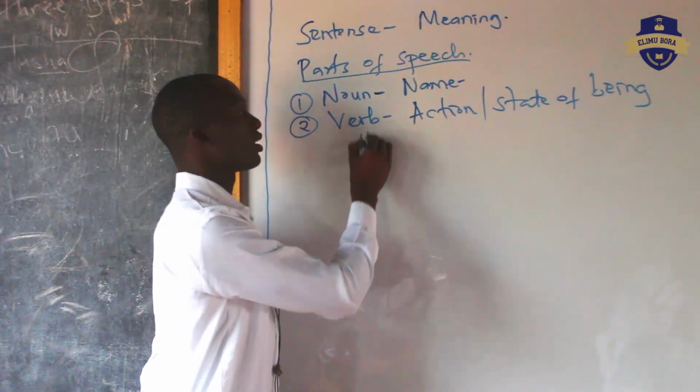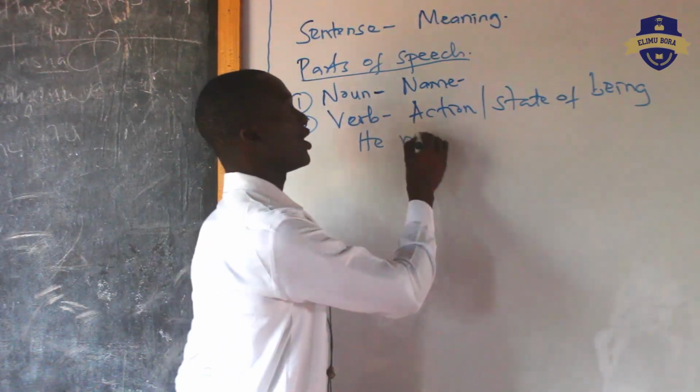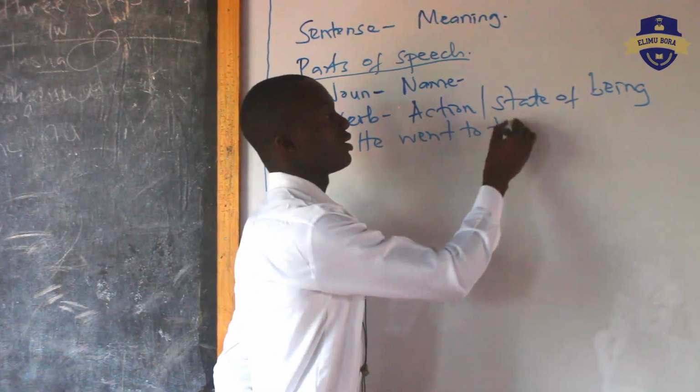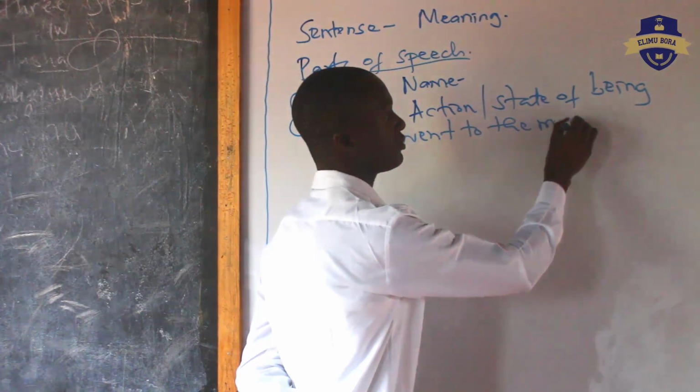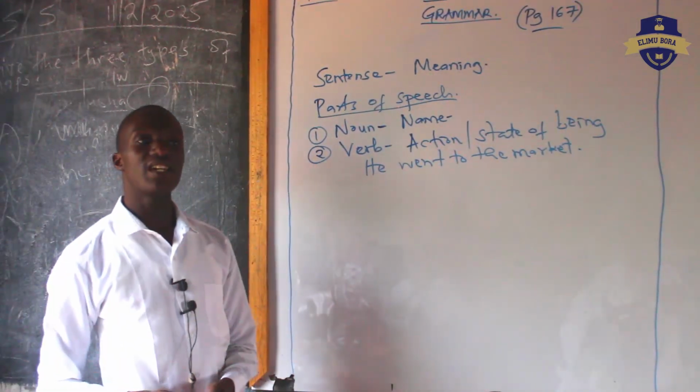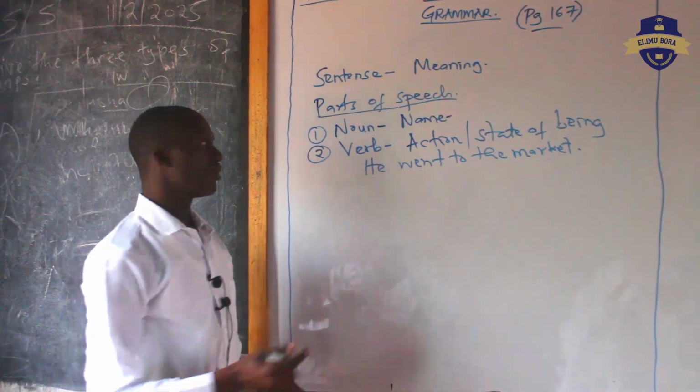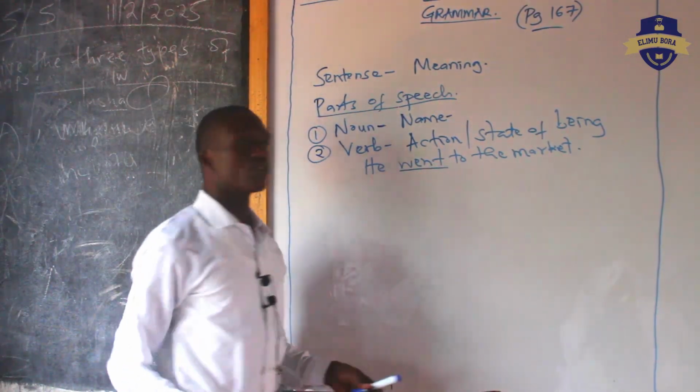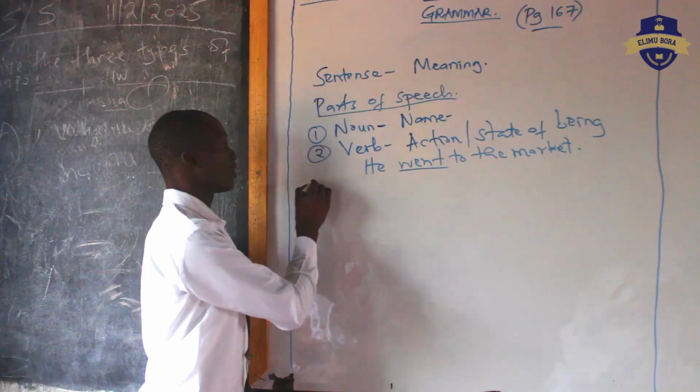For example, he went to the market. So what is our action in that sentence? Went. So a verb shows an action.